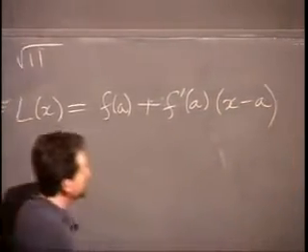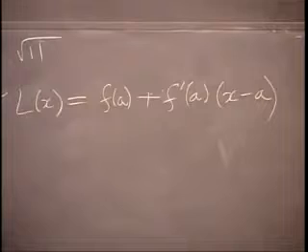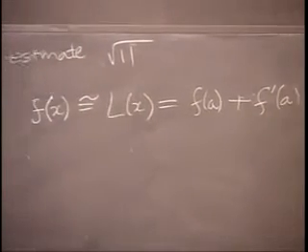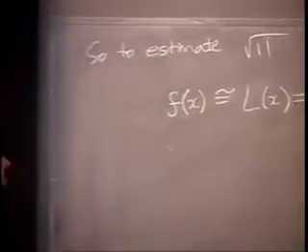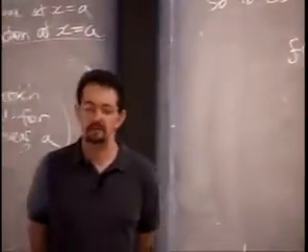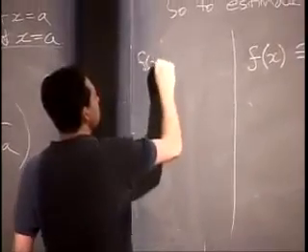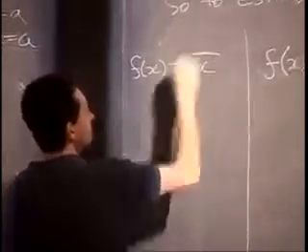It's quite clear that you need a function to start off with. No one is going to pick it for you. You have to look at root 11 and say, I think I need f of x equals square root of x. Why? Because I'm taking the square root of something.